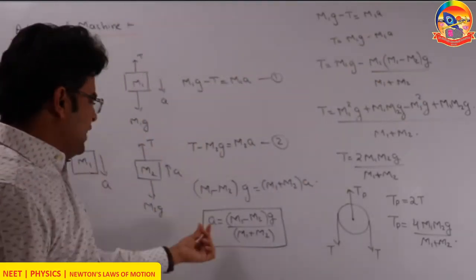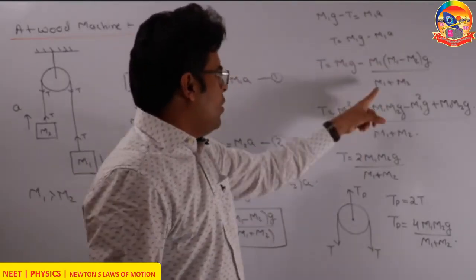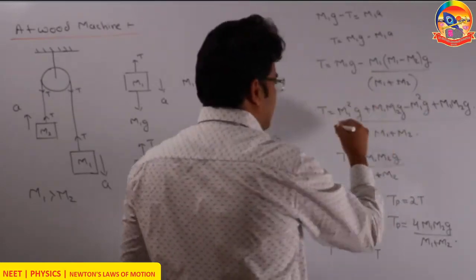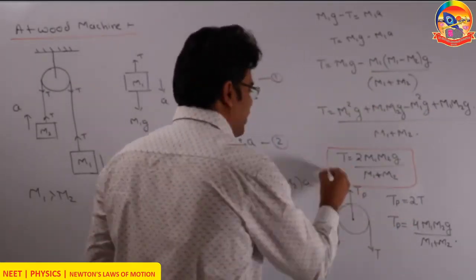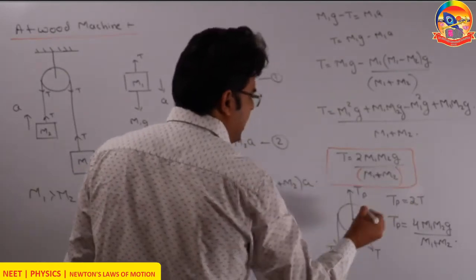In place of A, substitute acceleration as M1 minus M2 into G upon M1 plus M2. Now multiply this M1 plus M2 to the first term and then solve it out. On solving, you get that the tension in this string comes out to be 2 M1 M2G by M1 plus M2.